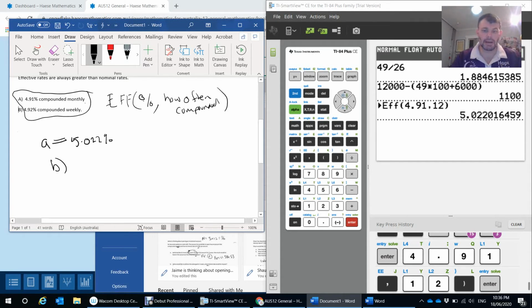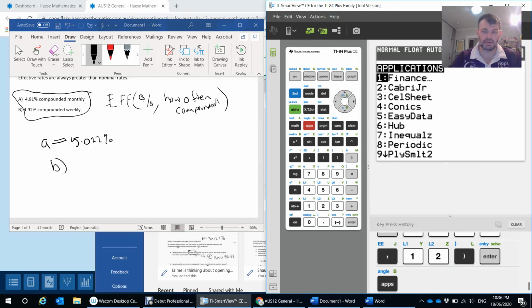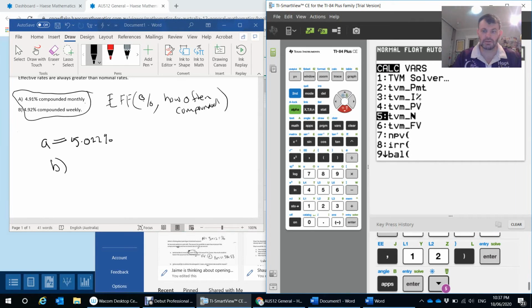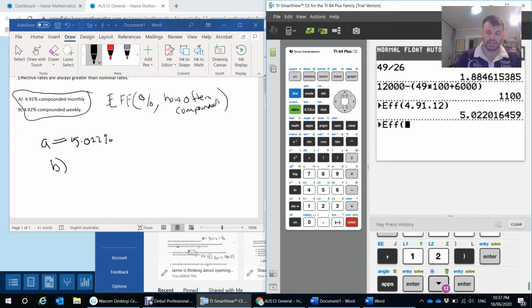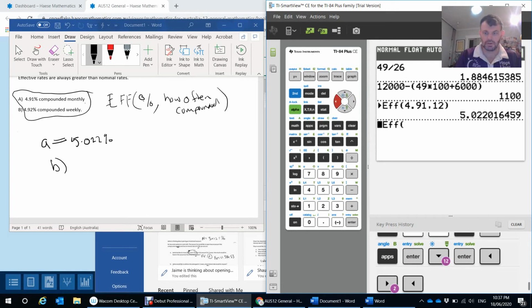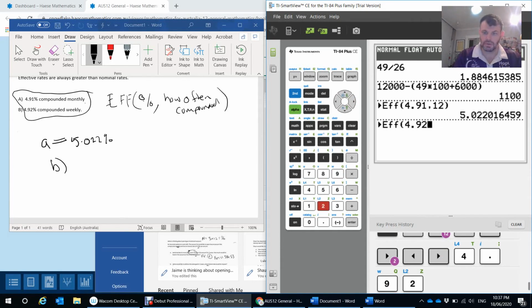We then want to look at part B, and it's exactly the same thing. So again, finance, go down to effective. This time we want to type in 4.92, comma, and we're going to put in 52 this time and close it.